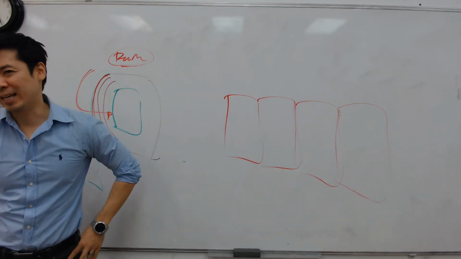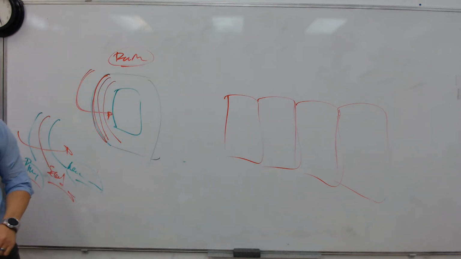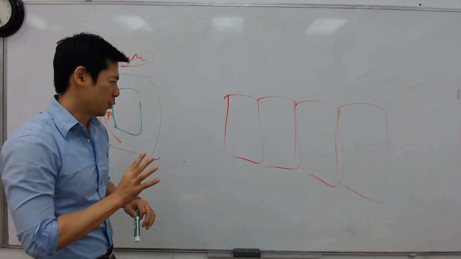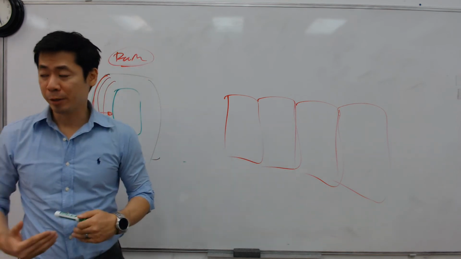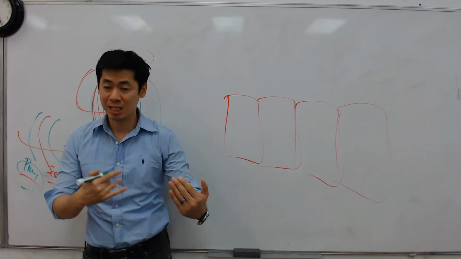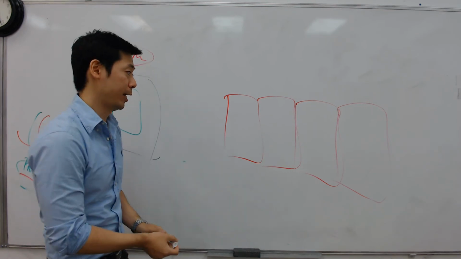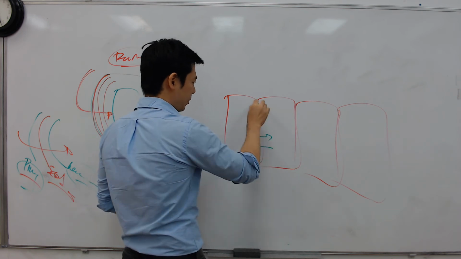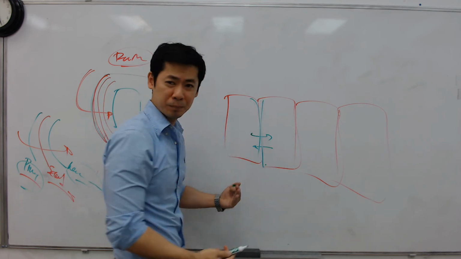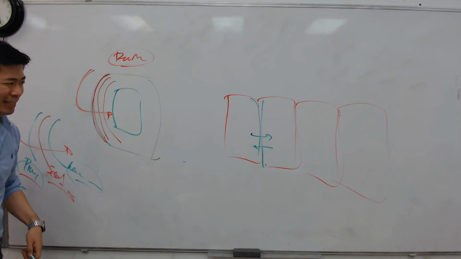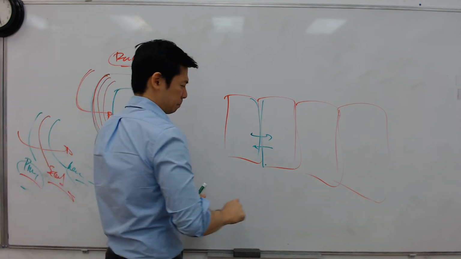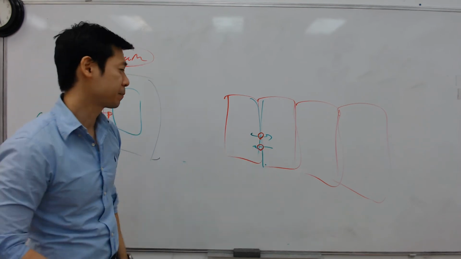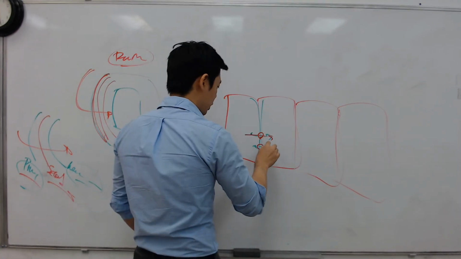So the cells must communicate or even exchange materials with each other. If you think about it, how do they communicate, because they have a hard casing, the cell wall, around them? There is an opening between the cells of the cell wall of the plant cell, and they exchange through these holes.